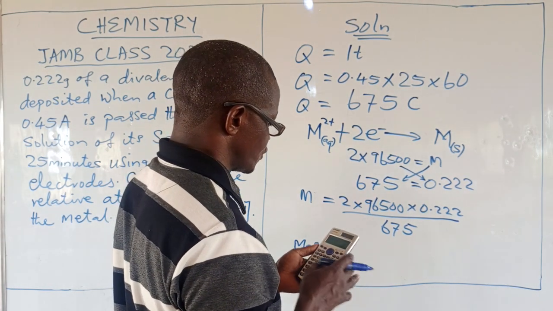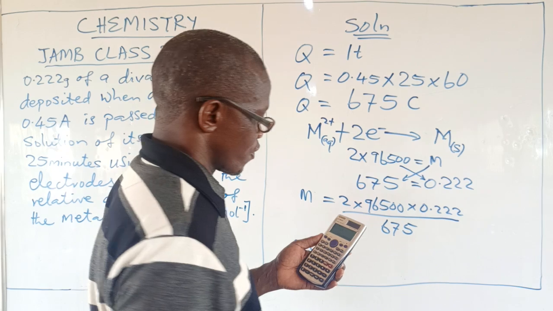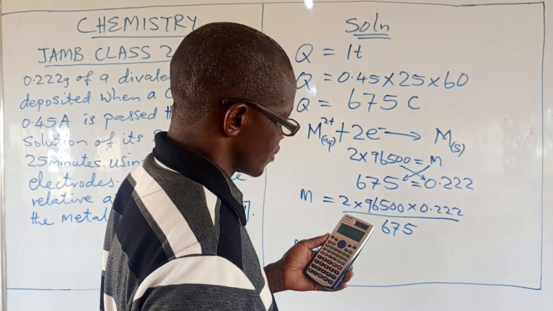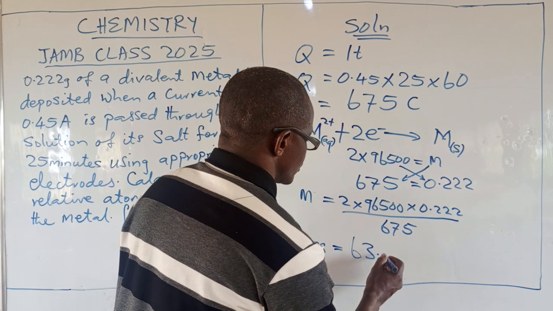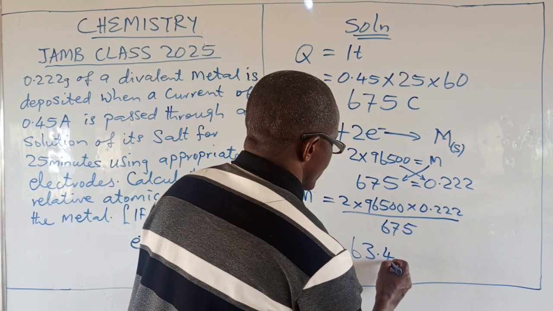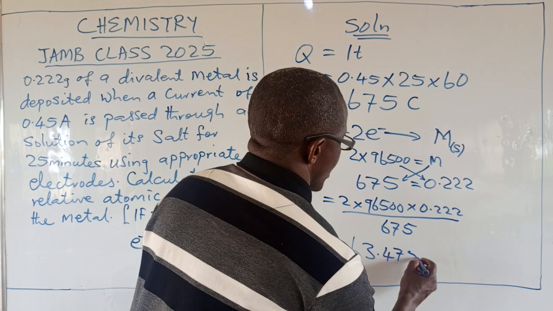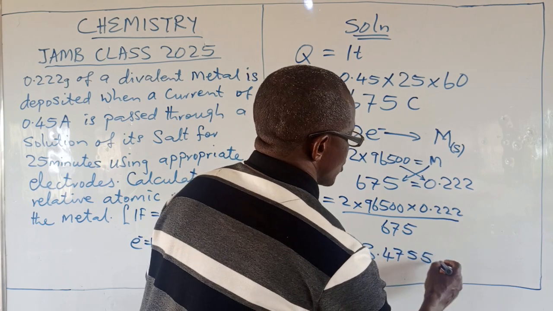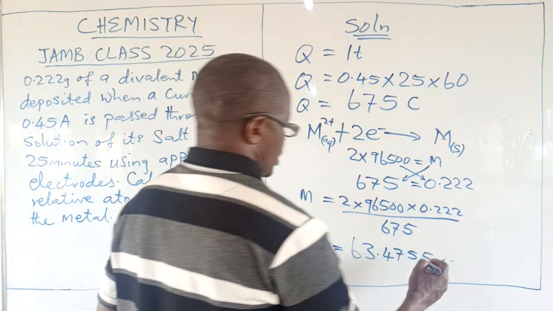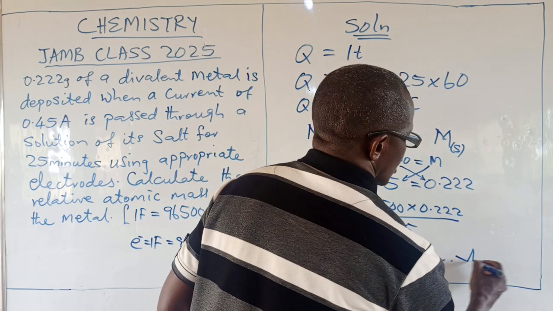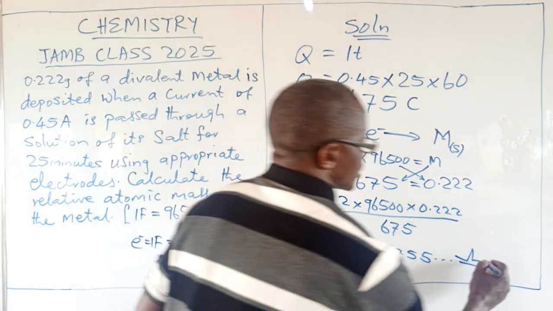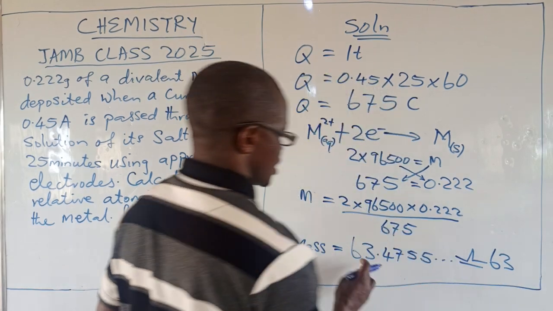The answer is 63.475555 and so on. So 63.4755 and so on. So I will approximate that to be equal to 63.